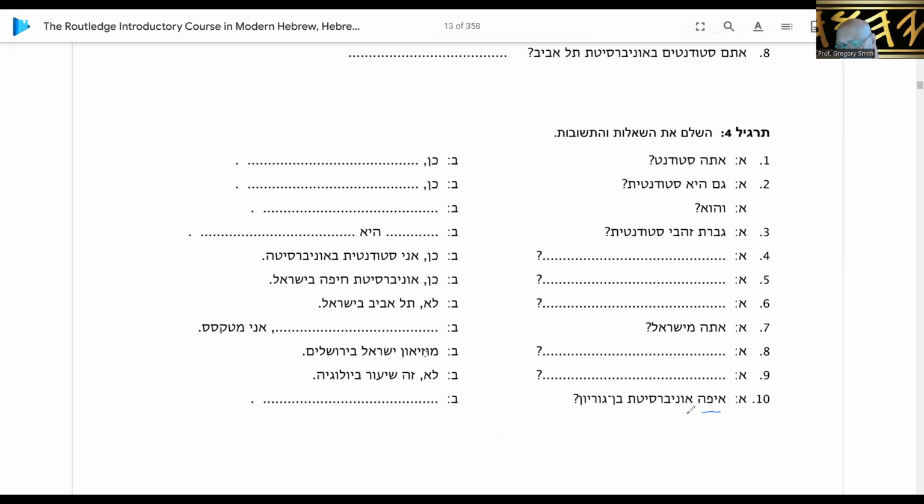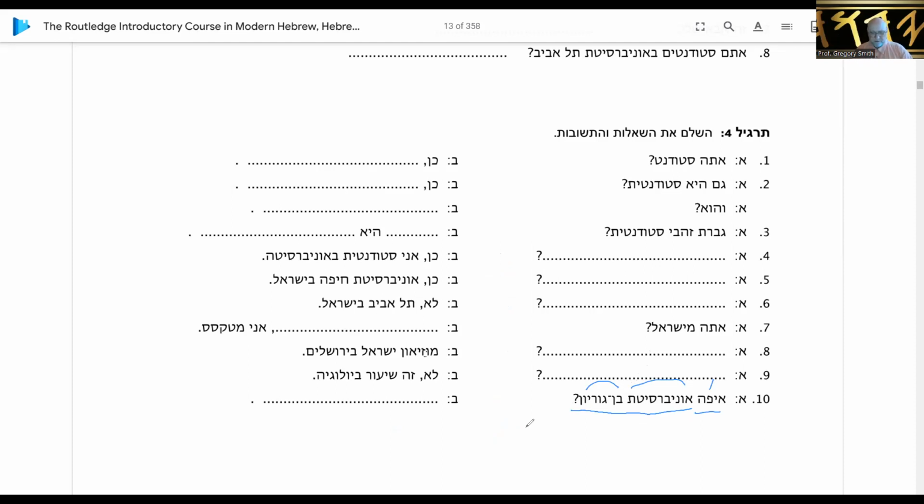We've got eifo, Universitat Ben Gurion. I think it's eifo. Eifo, Universitat Ben Gurion. So it's like, where is the University of Ben Gurion? I don't know. That might be in Jerusalem.